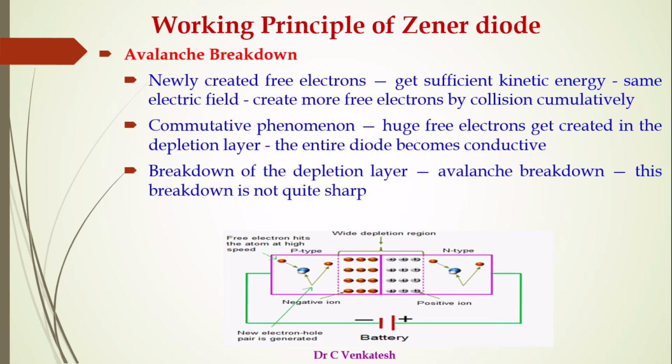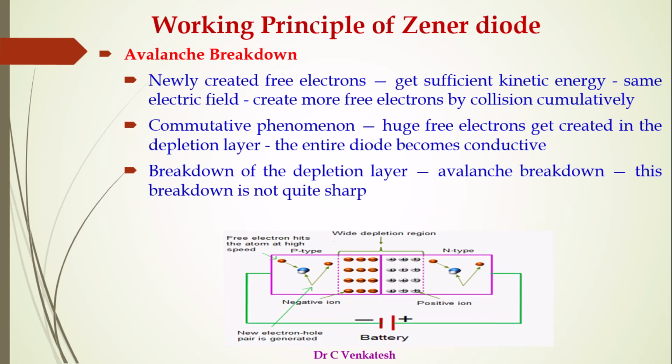The figure shows the Zener diode with reverse biased condition. P-type to the negative terminal, N-type to the positive terminal. The depletion layer increases. In the depletion layer, we are having the immovable ions.